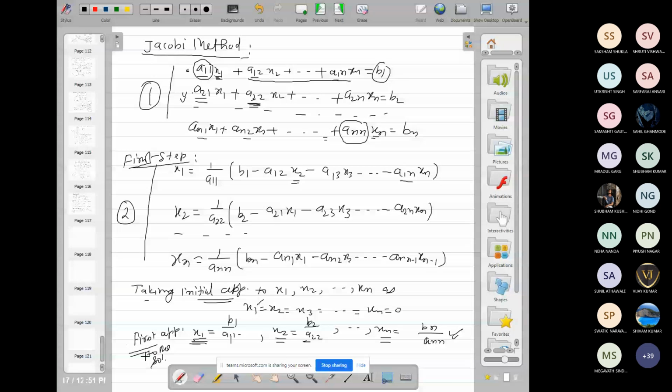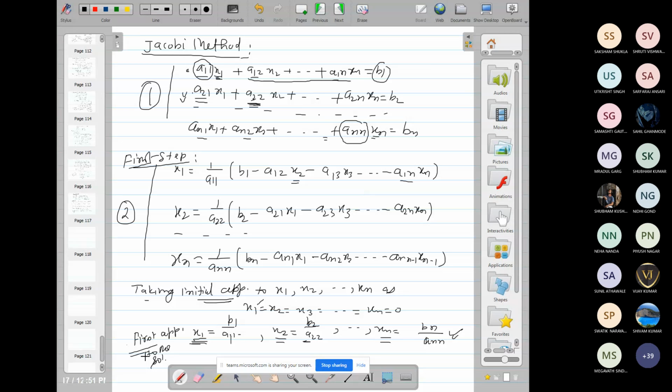राइट हैंड साइड में, लेफ्ट हैंड साइड तो वैल्यू निकालना, आप कहेंगे x1 x2 xn सब 0 लिए हैं, तो लेफ्ट में भी रख दें तो कुछ नहीं बचेगा, तो लेफ्ट में आपको नहीं रखना है, राइट हैंड साइड में वैल्यू रखेंगे. फर्स्ट इक्वेशन में कौन सा है, x2 x3 xn, तो इसकी वैल्यू 0 रख दीजिए, तो x1 आ गया, दिस इज फर्स्ट अप्रॉक्सीमेशन. सेकेंड इक्वेशन में राइट हैंड साइड में x1 है, x2 नहीं है, तो x1 x3 and dot xn, तो substituting these value 0, तो we obtain value of x2.